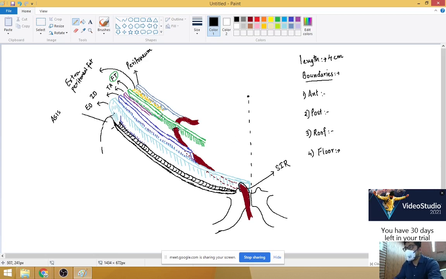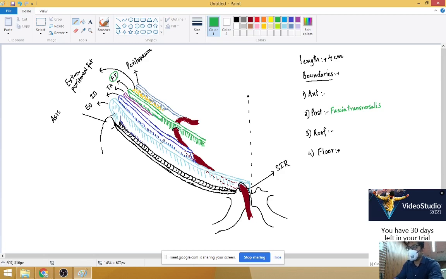Okay, now if you look at the posterior side, consider this part as the inguinal canal. The posterior boundary all throughout, I'll just mark it green, is formed by fascia transversalis. Okay, the fascia transversalis forming the posterior boundary.